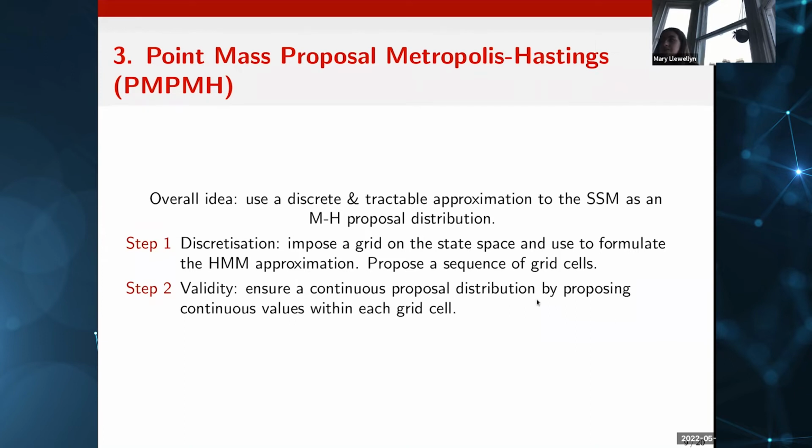So we ensure matching between the proposal and target spaces by proposing continuous values from within the space of the already proposed grid cells. It's taking it back to the continuous domain after that. So this is the two-stage process: discretization, and then we're reversing the discretization. Might seem a bit counterintuitive, but hopefully it will make sense when I get into the proposed framework.